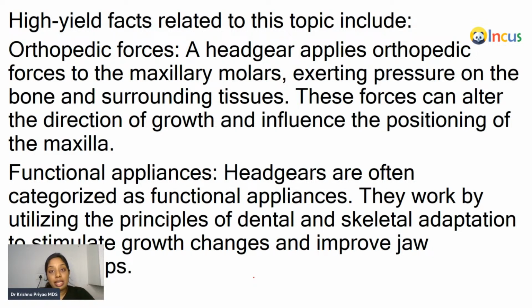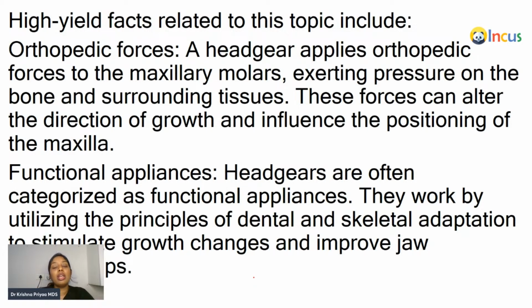Sometimes headgears can be used along with functional appliances in order to direct growth in a particular direction. For example, if a patient has maxillary prognathism along with mandibular retrognathism in class 2, the twin block can be used to correct the mandibular retrognathism. They can bring it forward. But the maxillary prognathism can be stopped. The growth of the maxilla can be stopped by giving a headgear.